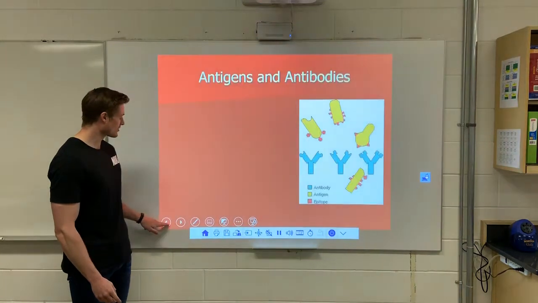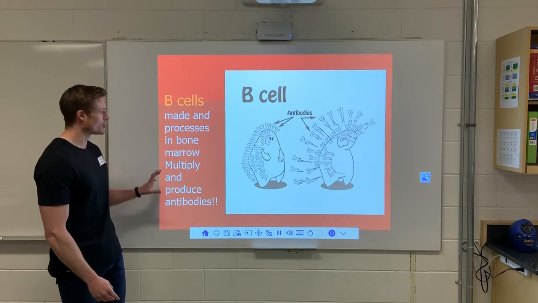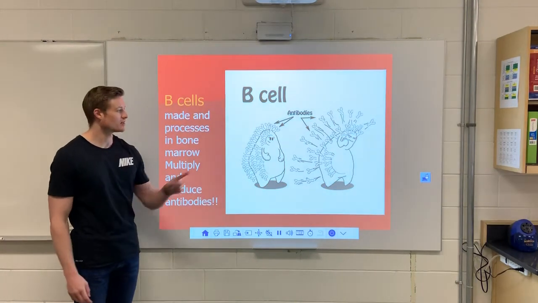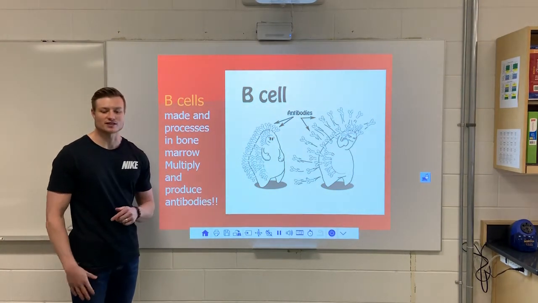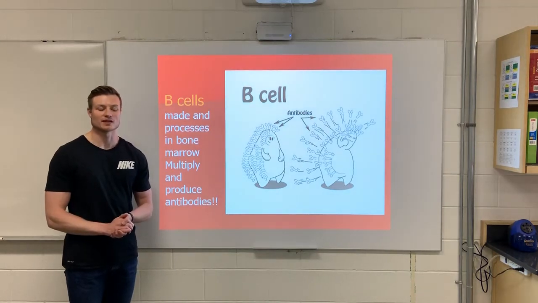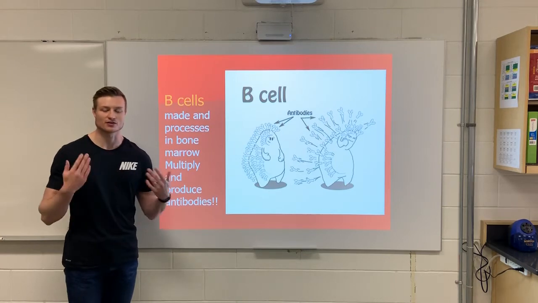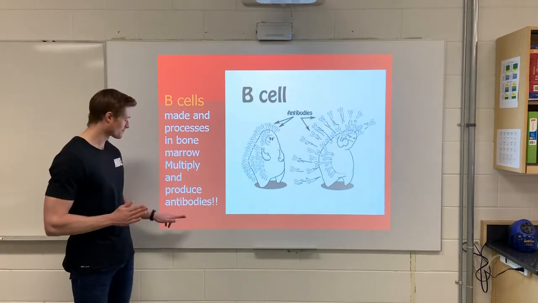So the B cell's job is real simple, right? Once again, they're made in the bone marrow, and they multiply like crazy when they get their signal, and they make antibodies. Antibodies that are specific for whatever is making you sick, whether it's a virus, a bacteria, a parasite, whatever it ends up being.